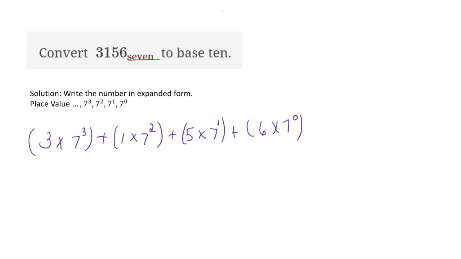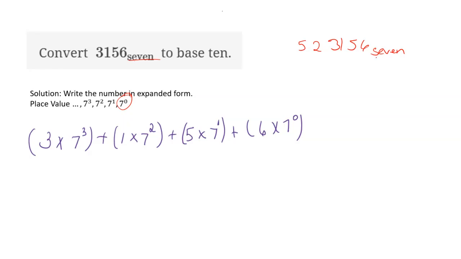Well, because my base is 7, the place values are going to use powers of 7. Starting on the right-hand side, 7 to the power 0, 7 to the power 1, 7 squared, and 7 to the power 3. Notice that I only need these ones, but let's say that this number was actually larger, if I had 3, 1, 5, 6, 7, but maybe more digits to the left, like 2, 5.